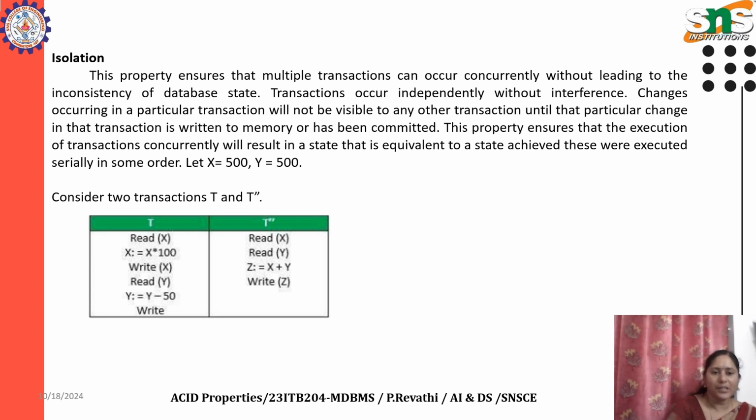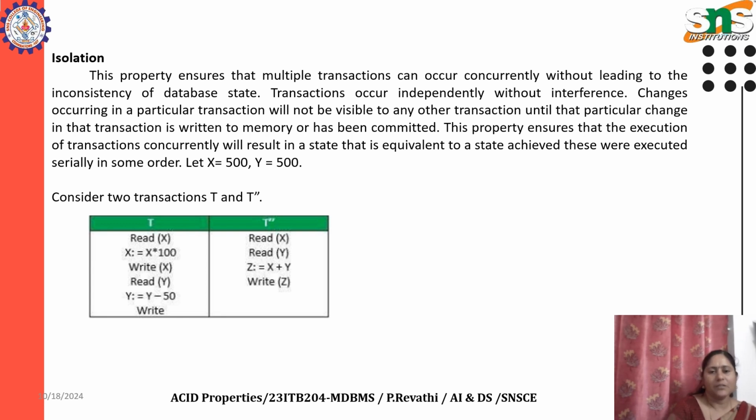X equal to X into 500. So you have to calculate 500 into 100. Then write the X value. After that you have to read the Y value. Then you have to subtract 50 from Y. Then you have to update. For updating purpose we are using write.